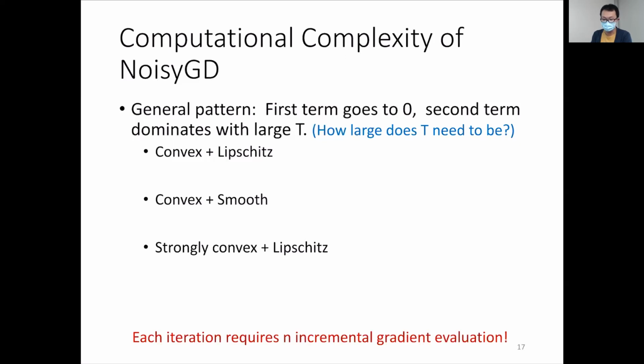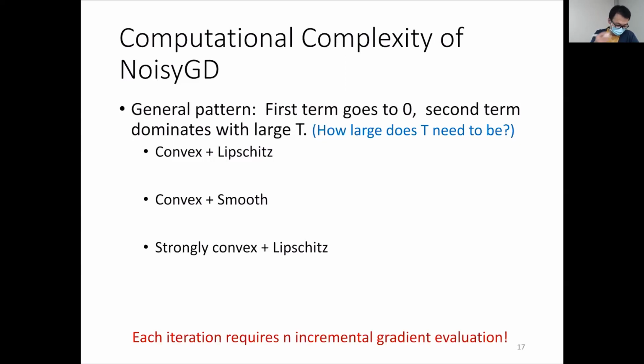So the first term can always vanish, but we want to calculate how large t needs to be for the impact from the first term to become negligible. We've worked that out for various settings, but now let's write it down concretely.